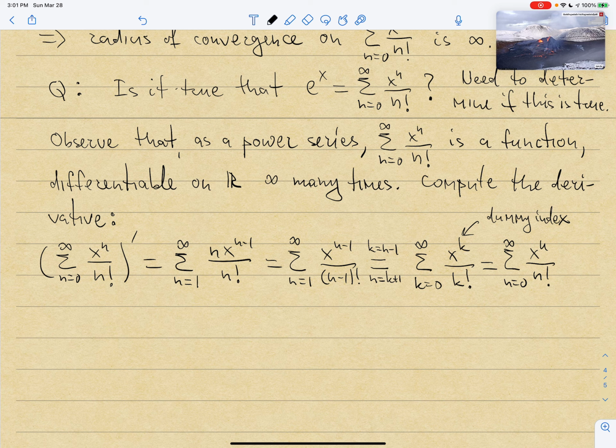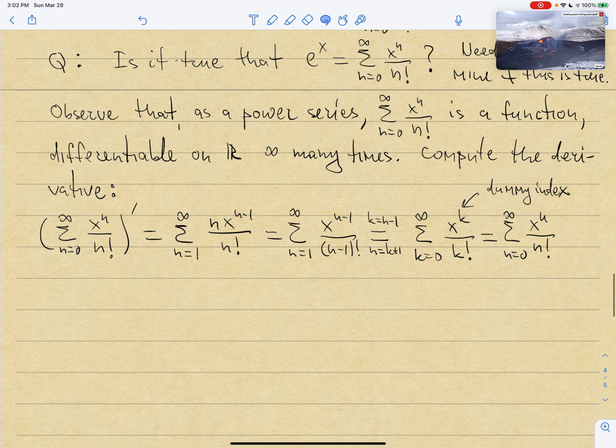And what do we see? We see that if I take a derivative of this sum, I'm recovering exactly the same sum. So in this case, the derivative of a function is equal to the function itself. Now, if I repeat this again, then the second derivative is also going to be equal to the same thing.